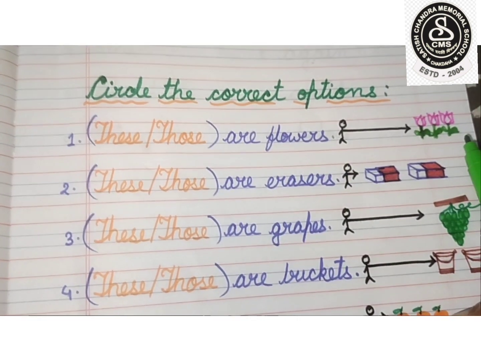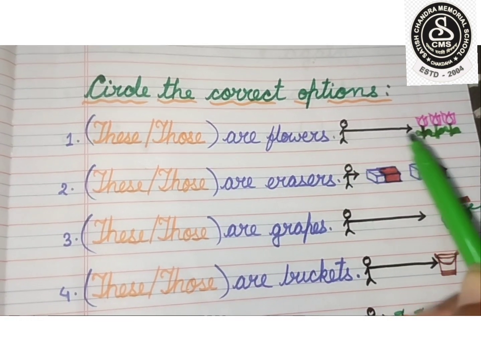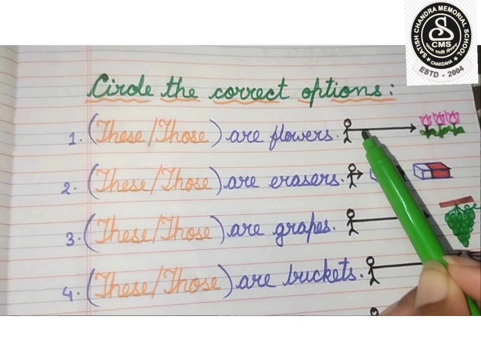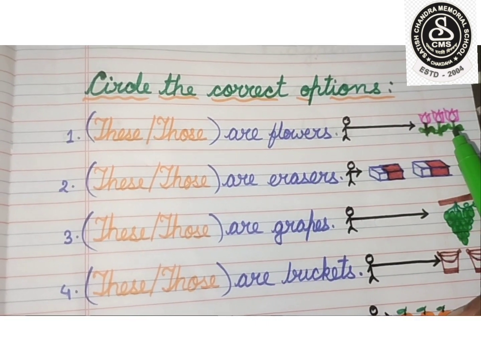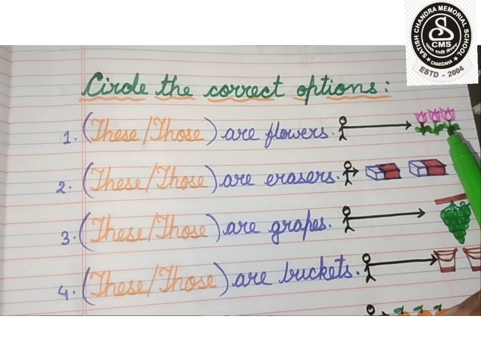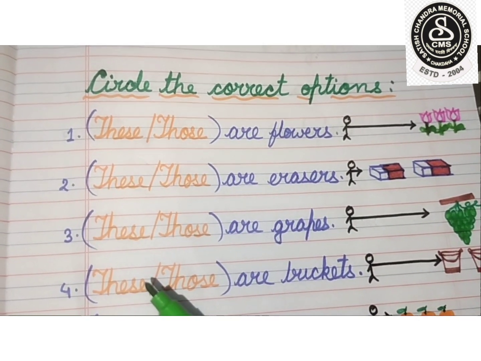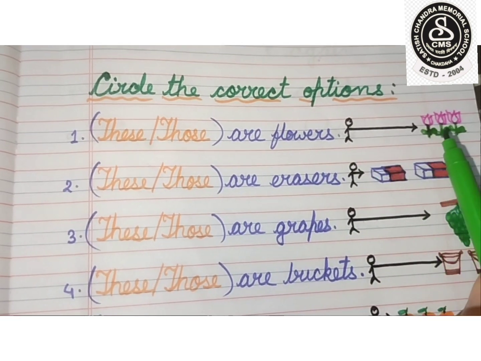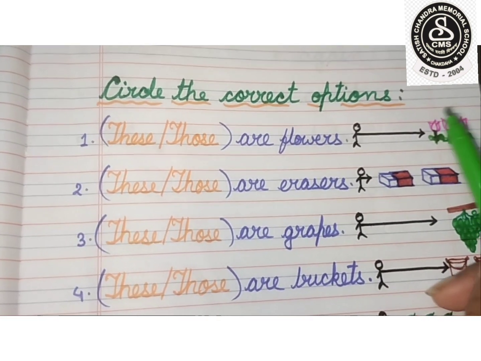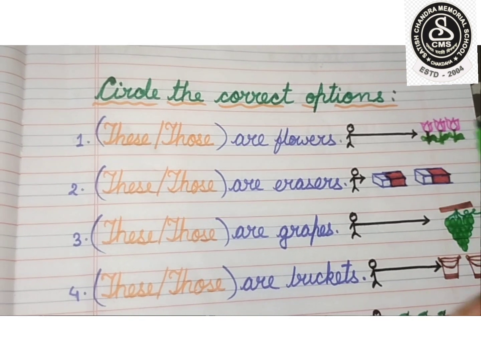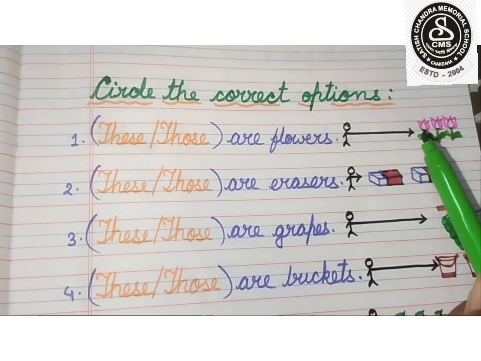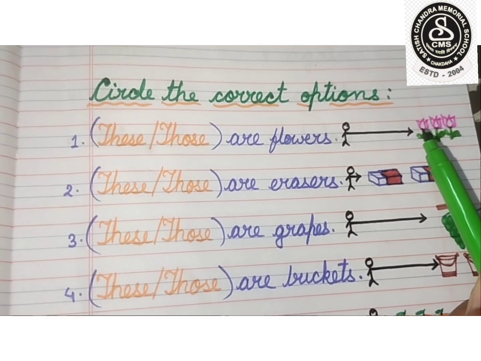Now see the picture, children. Here is the stick man. Are these flowers near to him or far from him? What do you think? It's near or far? Yes, you are absolutely right. It's far from him. These flowers are far from the stick man. So what will we do? Which is the correct one?